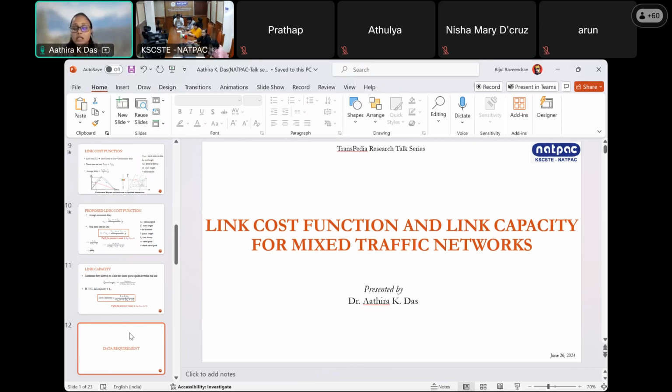The multi-class traffic assignment model was developed for segregation of vehicles, considering three vehicle types mainly, 2-wheelers, 4-wheelers and trucks, which were routed separately in the network. For this purpose, the link functions were used.